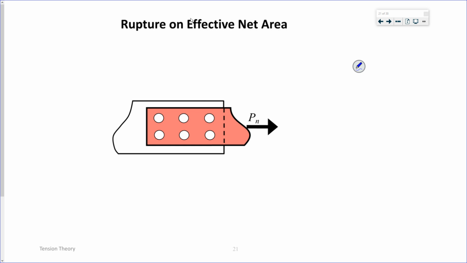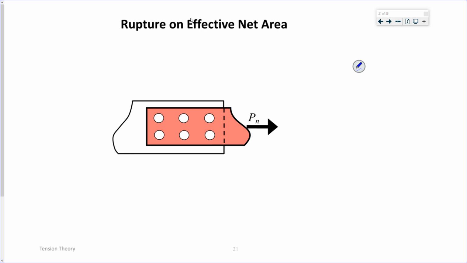Okay, now we're going to talk about the effect of a phenomenon known as shear lag, which is how forces lag within a cross section, right?